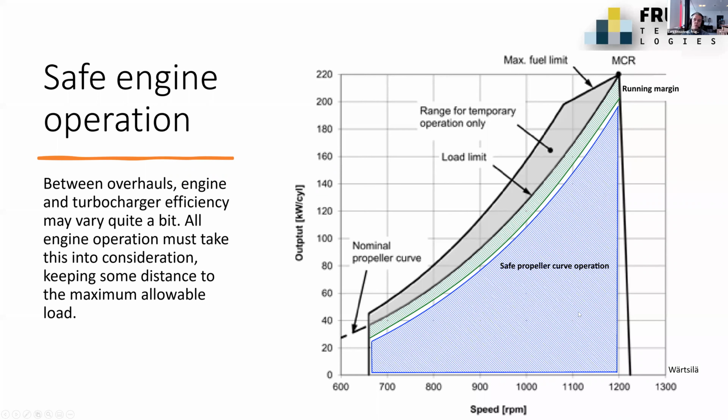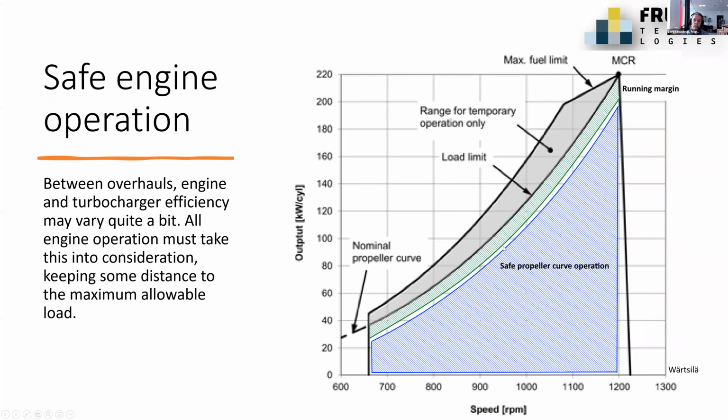You force the engine to do more work, and that's all good and fine. If the engine is clean and everything is good, then you can expect things to operate as you see here. The black line here, the one that I'm pointing at right now, I hope you can see that at least, indicates the sort of maximum load you should add to the engine at a particular speed.